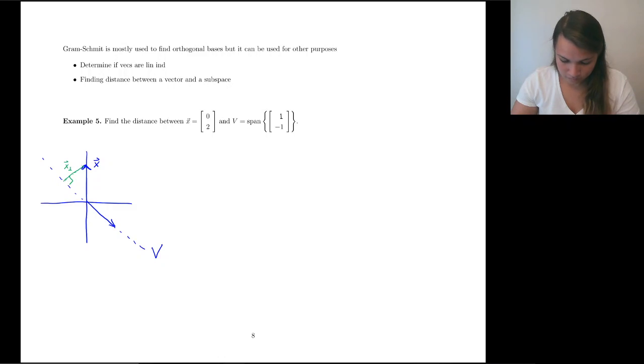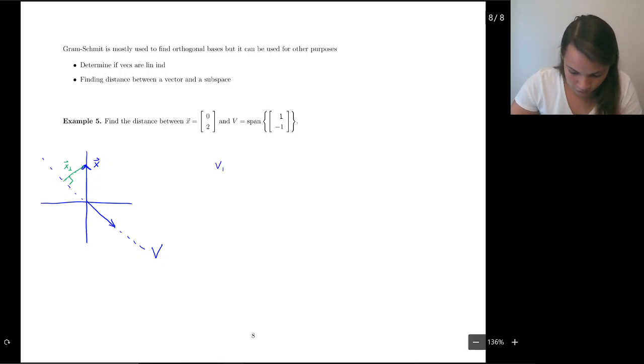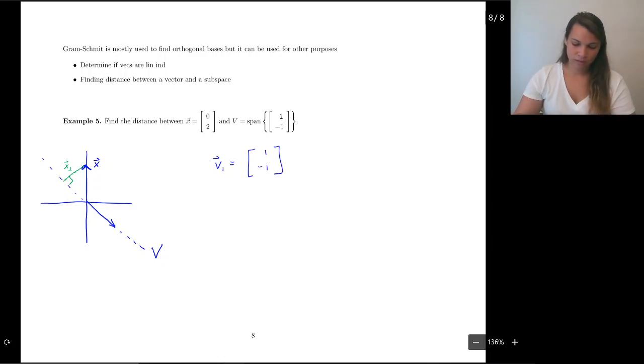Okay. So you start, you say V1 is going to be the vector that we're taking the span of. That way we can use it to subtract off the parallel component of x.